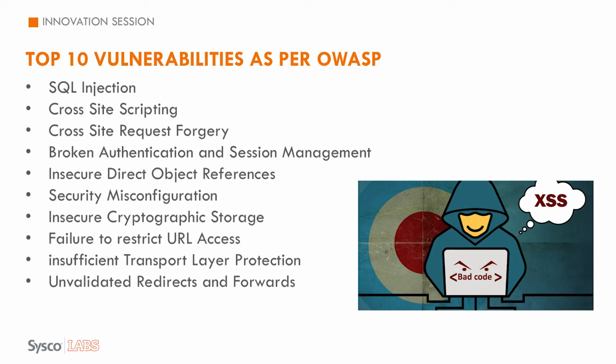So these are the main vulnerabilities that OWASP has found, and they've made sure that these are the main aspects that they look at when they're doing the ZAP testing.